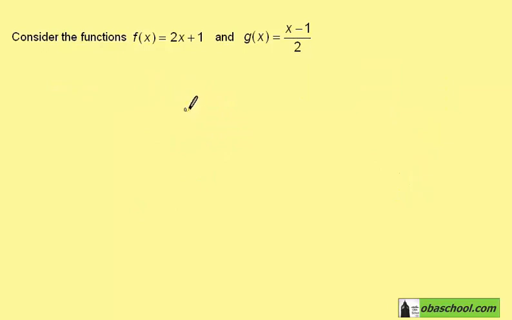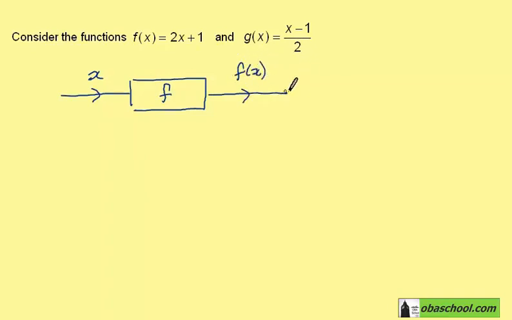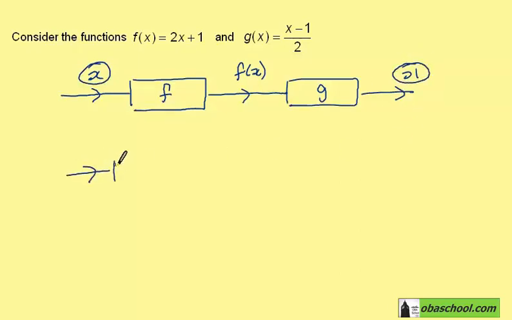We could look at this as a diagram. If we take x and we put it into the function f, out comes f of x. When we put that into the function g, we get x back. So we have x at the start, and we get x back here. We did it the other way around.